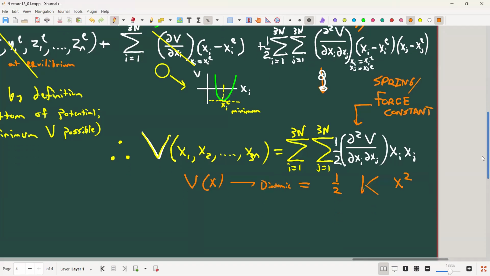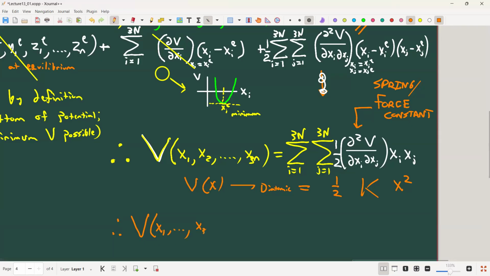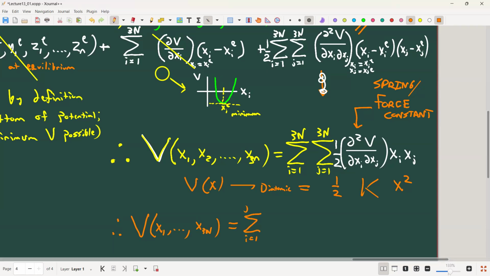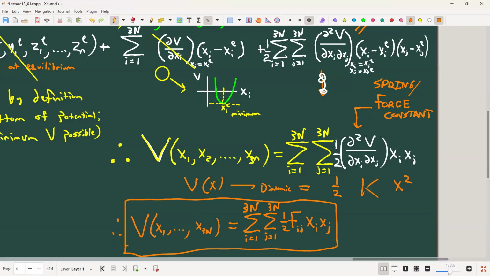So I can write this even more simply as the sum over 2 sets of 3n constants of 1/2 a force constant that's labeled by the 2 coordinates times xi xj. I've used f here; you could use big K if you want, but we typically use f.